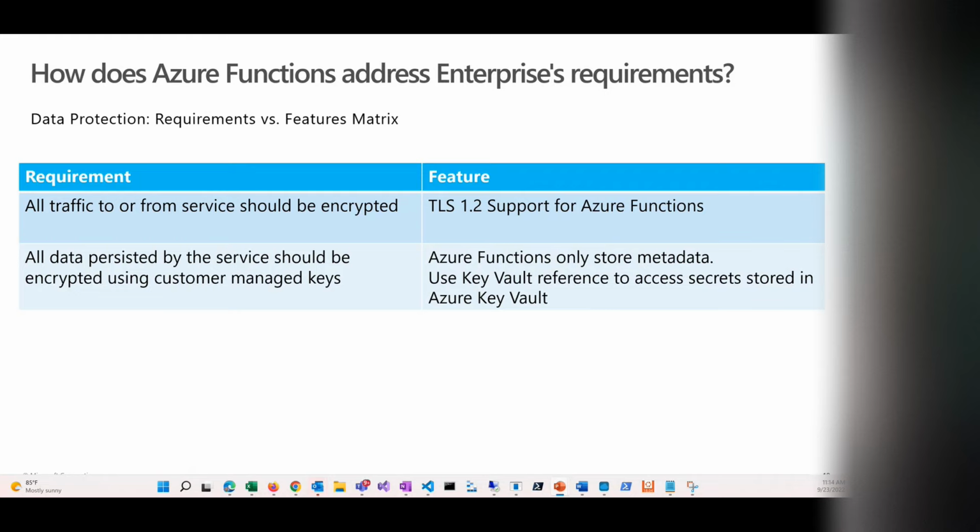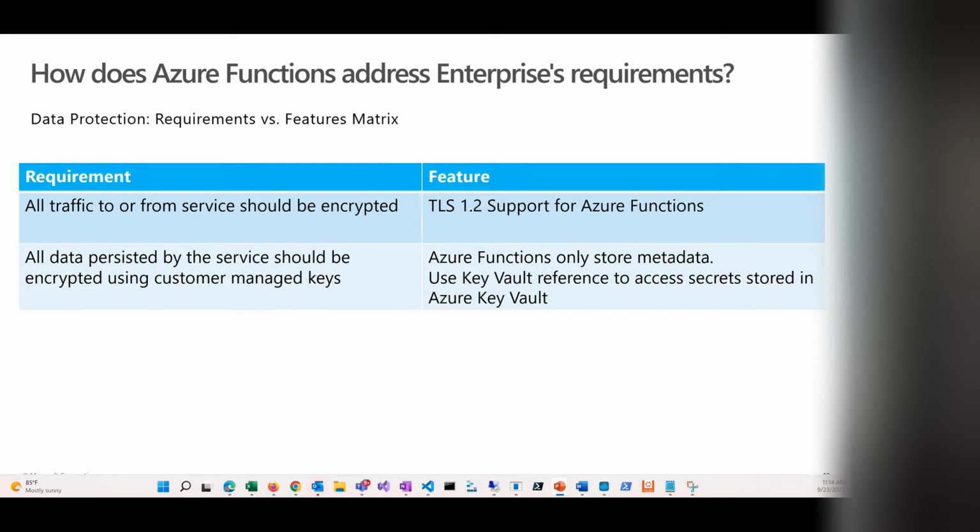So that's all good there. That's how we are able to cover that particular feature requirement. And then what they required was that any data stored by any service has to be encrypted by a customer managed key, or if they are secrets, they are stored in Key Vault.